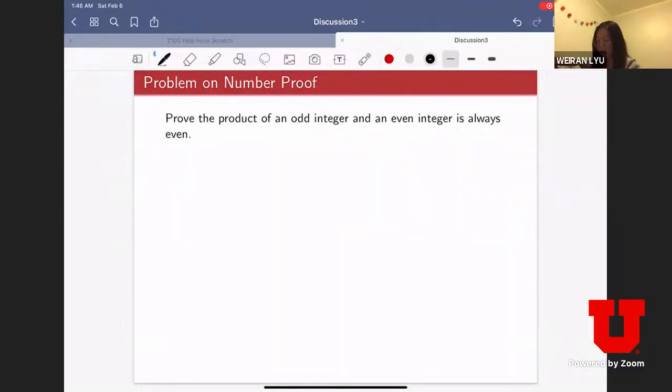So the first one is on the number proof. We want to prove the product of an odd integer and an even integer is always even. I'll just give you guys about 3 minutes to work on this one.